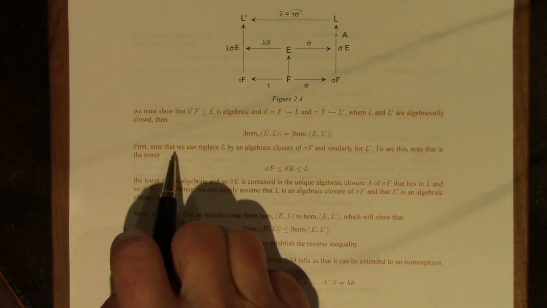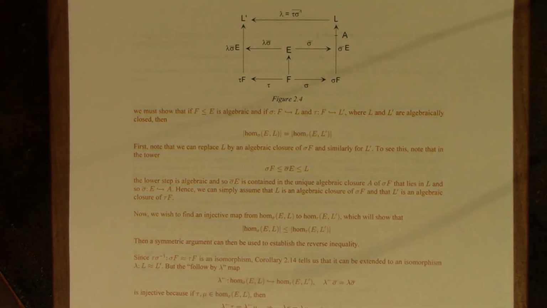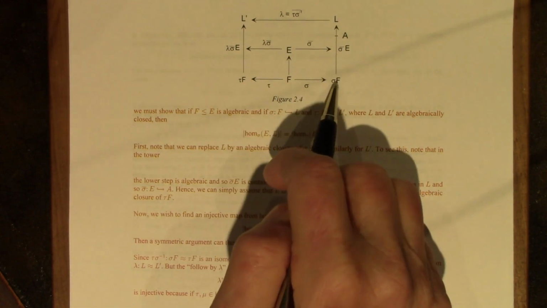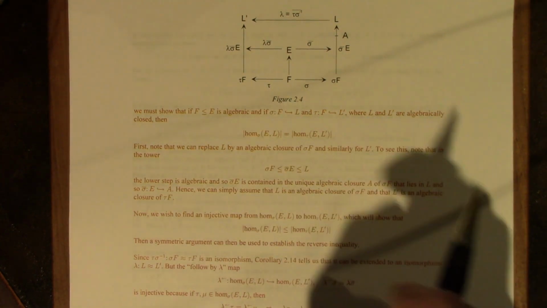Well, let's note first that L and L prime, they're algebraically closed, but we can replace them by the algebraic closure of sigma F and tau F. And the reason is this.